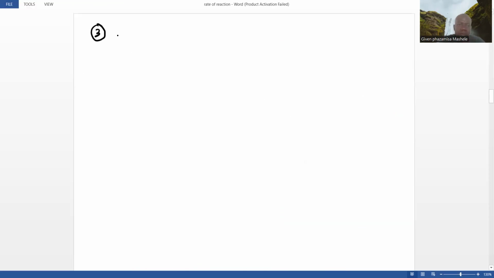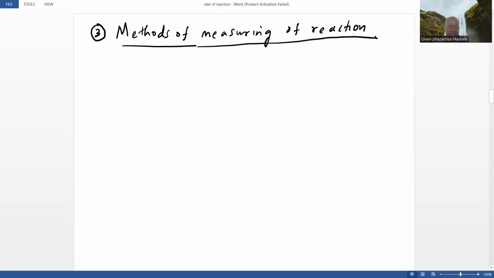Methods of measuring rate of reaction. There are 3 methods that can be used to measure the rate of reaction.